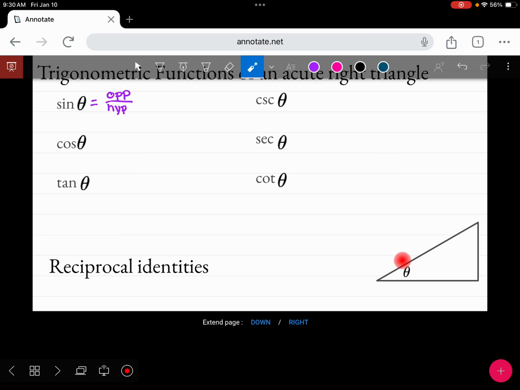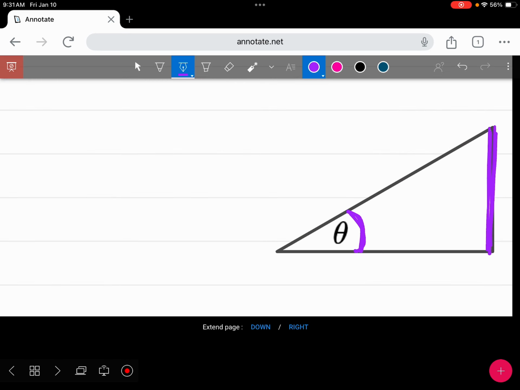So I've got a little sketch of one down here. If we're looking at this angle here, this side is our opposite. This side is our hypotenuse, the long one.